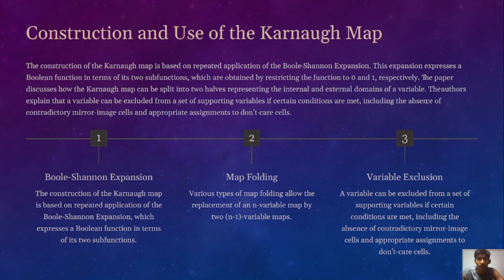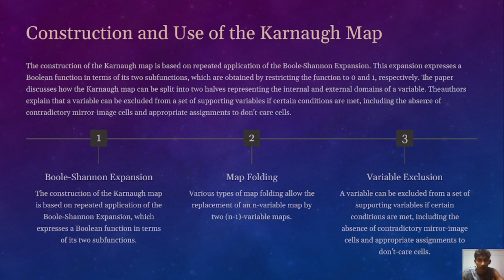The paper discusses how the K-map can be split into two halves representing the internal and external domains of a variable. The authors explain that a variable can be excluded from a set of supporting variables if certain conditions are met, including the absence of contradictory mirror image cells and appropriate assignments to don't care cells.